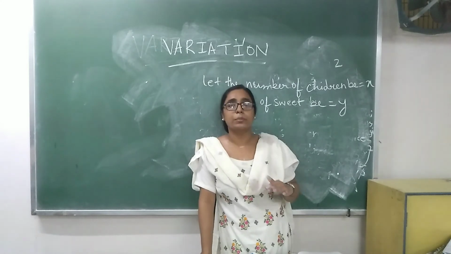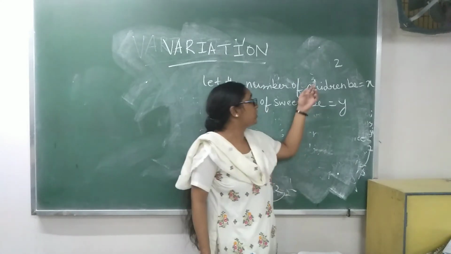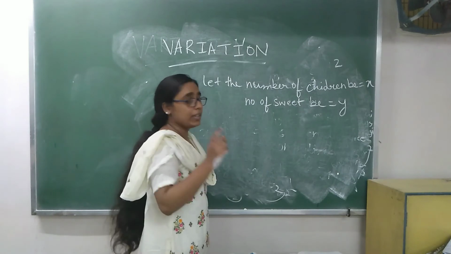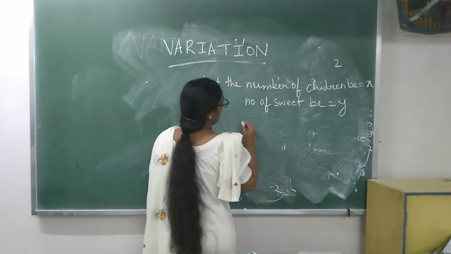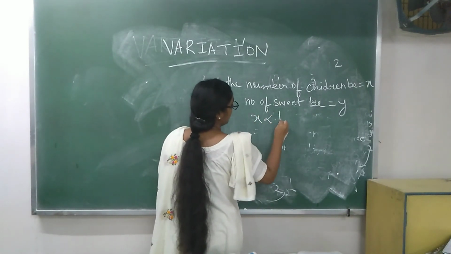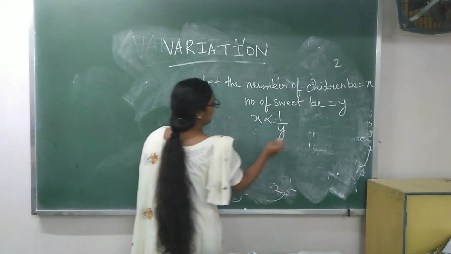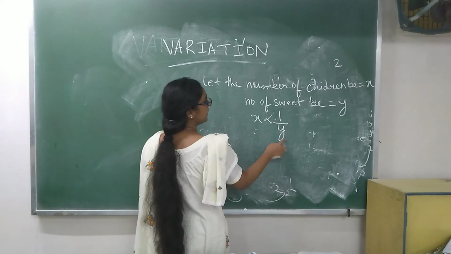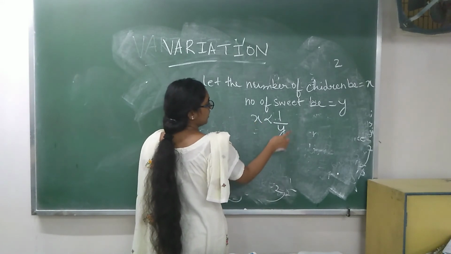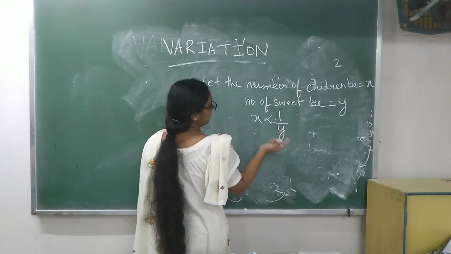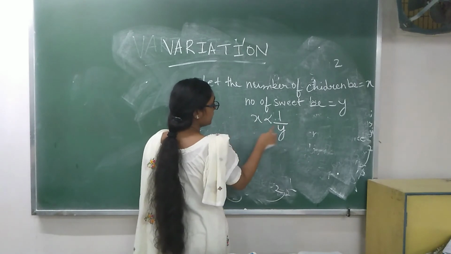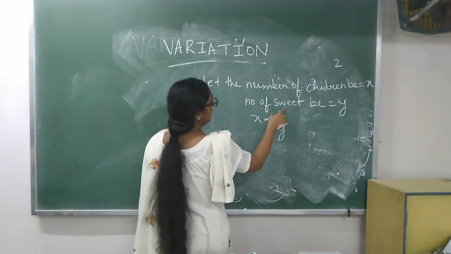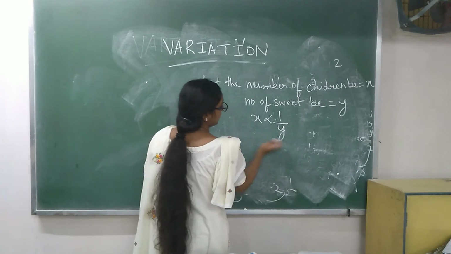You will get fewer sweets. So the relationship between children and sweets is an indirect relationship. You have to write x inversely proportional to y, means if the number of children increases, sweets will decrease.